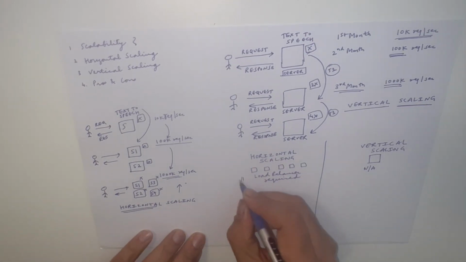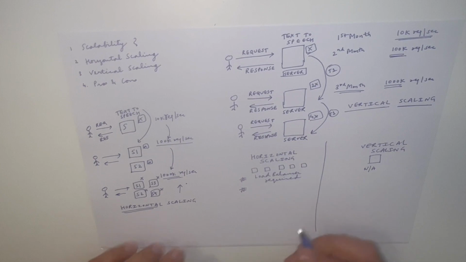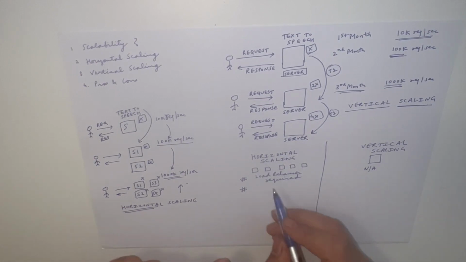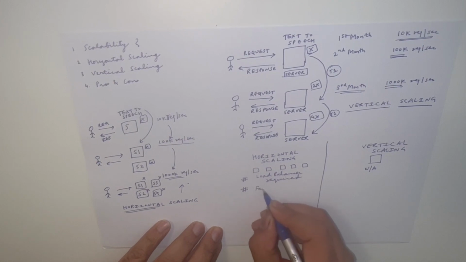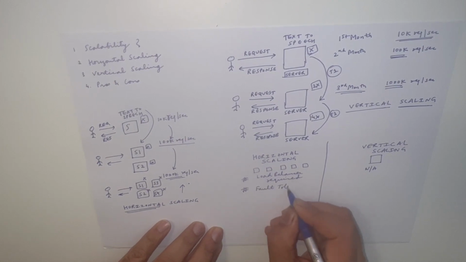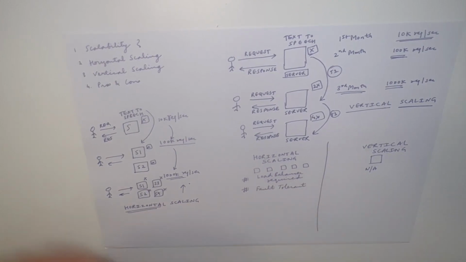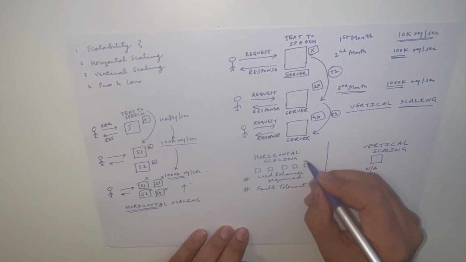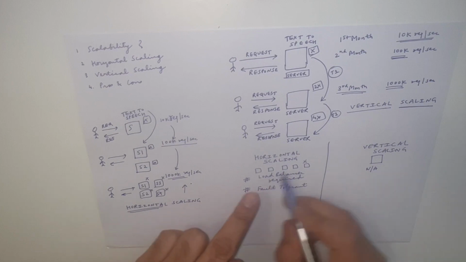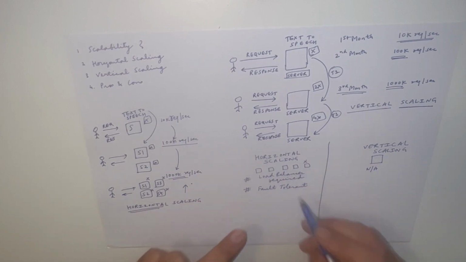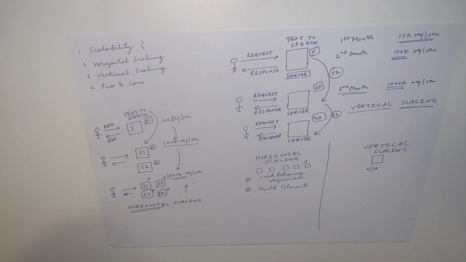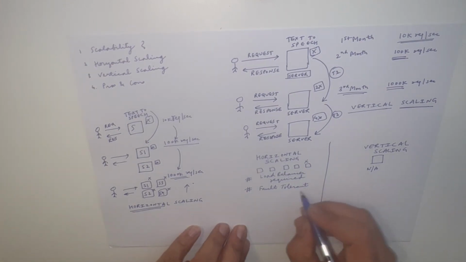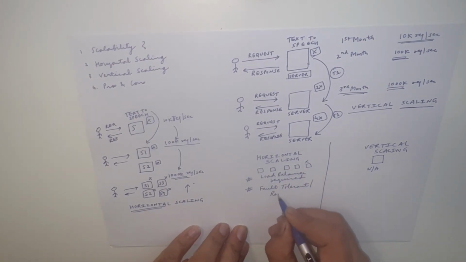The next difference is in terms of horizontal scaling, because you have multiple servers to work with, it's always going to be fault tolerant. Now, what I mean by fault tolerant is the fact that anytime a single server goes down, you have other 4 servers in this particular example to ensure that your service is up and running and to be able to manage the load. So it's always going to be fault tolerant, or I can say it's resilient.